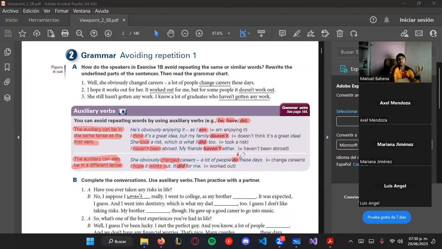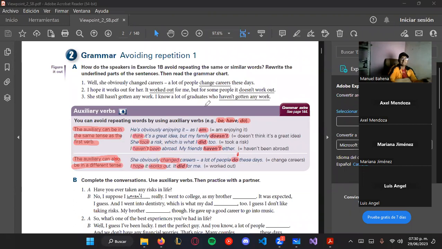Yes. Work out, because work means funcionar, o también trabajar, y out, ya cuando lo juntamos, work out, works out. It can mean two things.